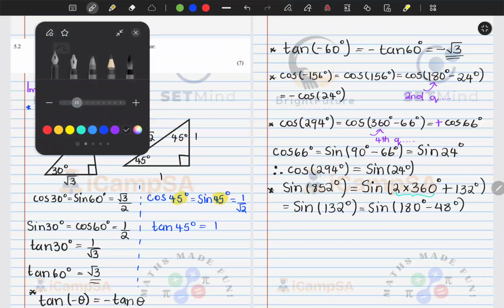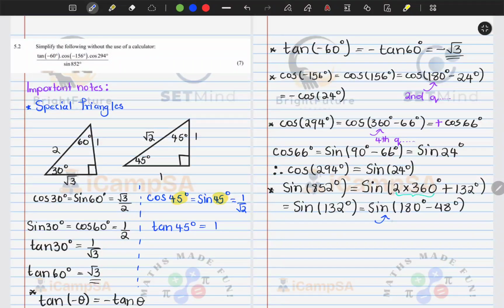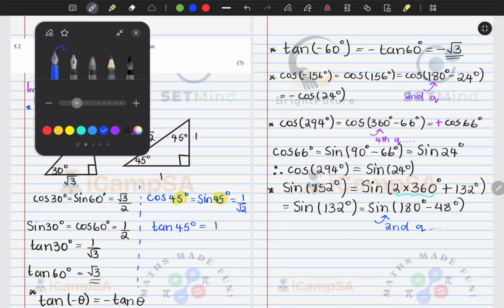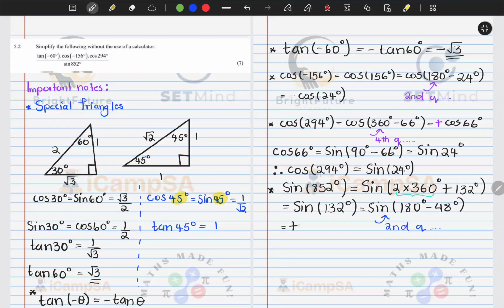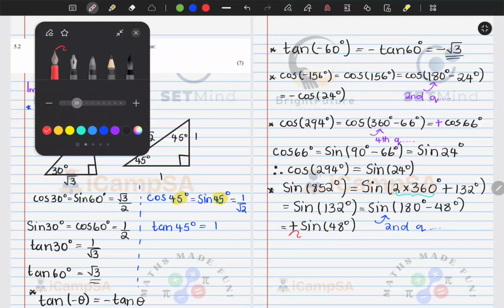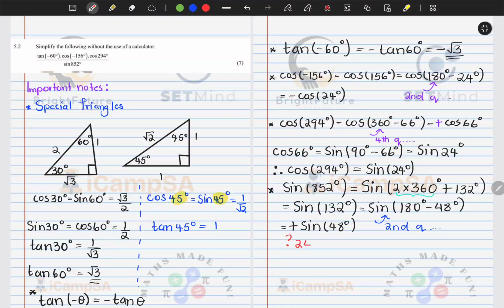Okay, so in this here, you guys should remember, this is just the second quadrant. And guess what? Sine is positive. So this means we end up having positive sine of 48 degrees. But now the question is, how can we write this in terms of 24? Because we can see that we have 24 on the others. And what we are going to do is we are going to realize that sine of 48 is the same as 2 times 24 degrees.